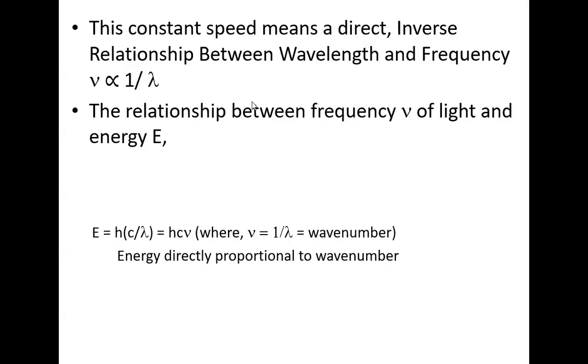E equals h nu. So that's Planck's equation. We have played with this equation; I'm just emphasizing it. Planck's equation, E equals h nu. And remember, there is this direct relationship, which we know.